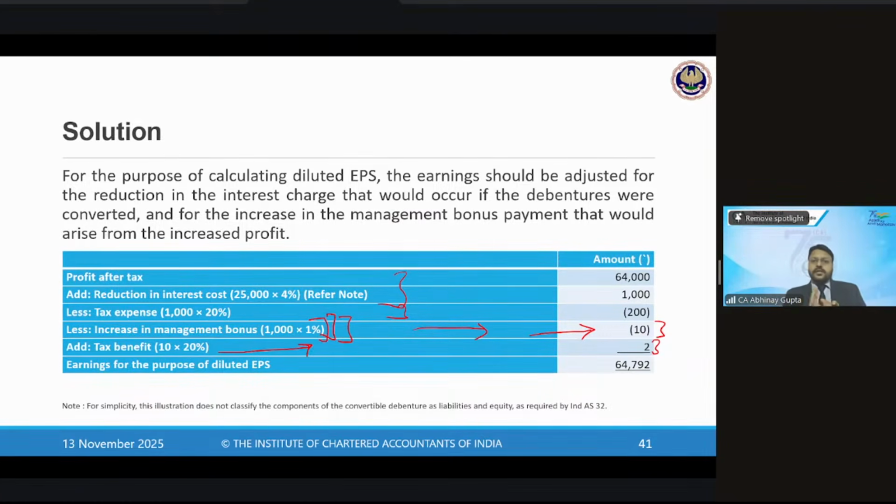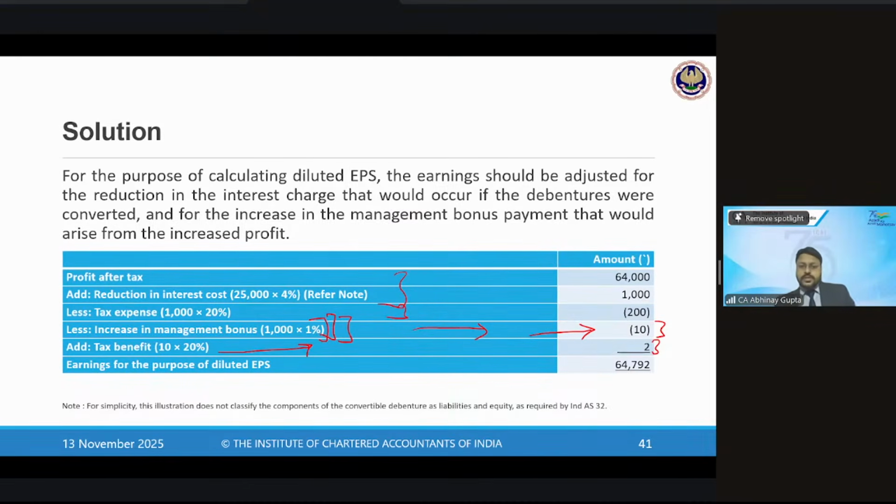Then we also need to see whether any other item of income or expense is getting impacted, like the management bonus in this case, and take the effect of those adjustments. Third, whatever adjustments we give effect to, always consider them post tax.